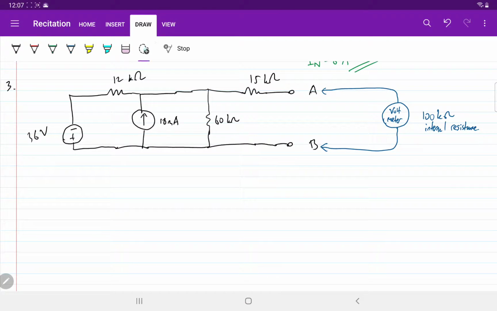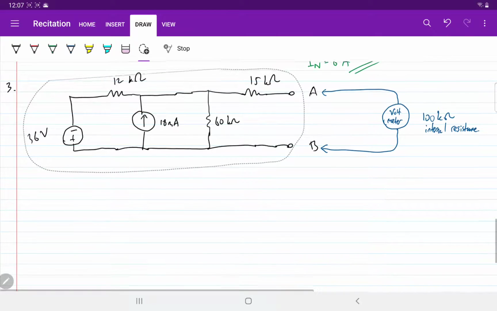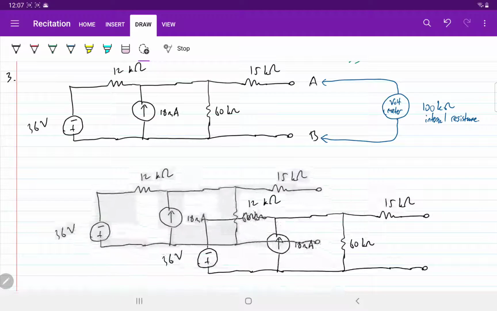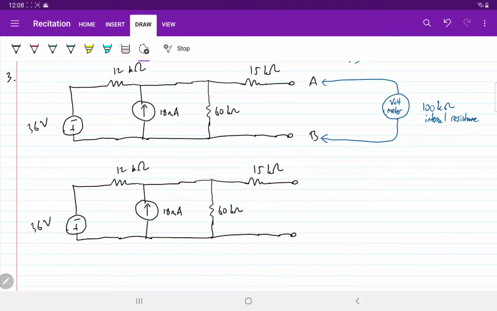So essentially, I can copy this again. Basically, since we connect this voltmeter to terminal AB and it has 100k ohm internal resistance, we put AB with this 100k ohm resistance, and the reading by this voltmeter is the same.